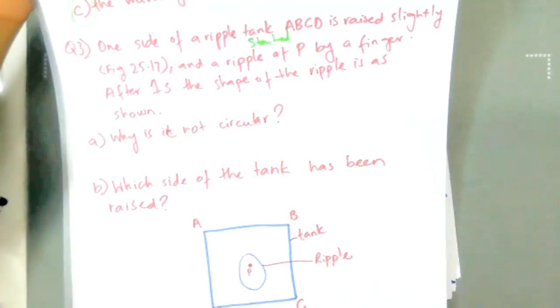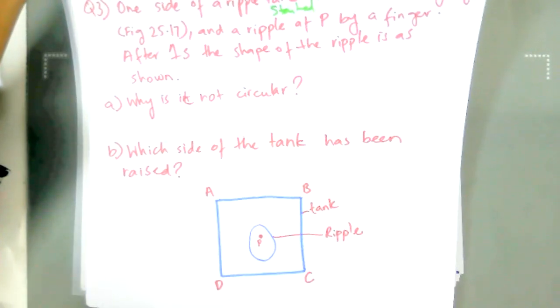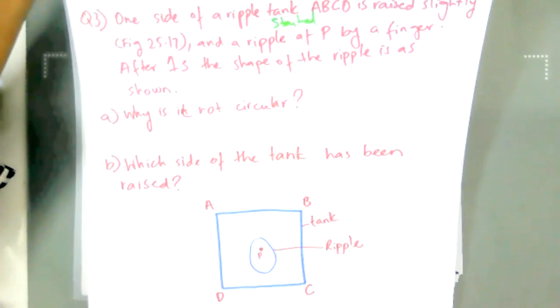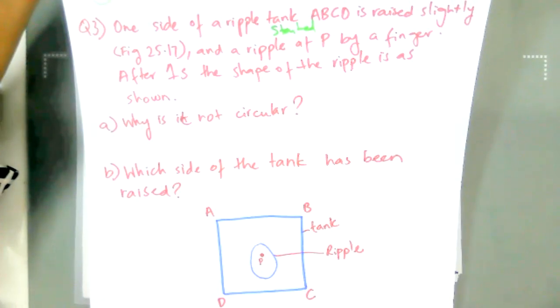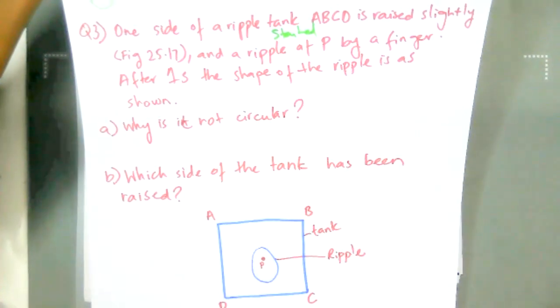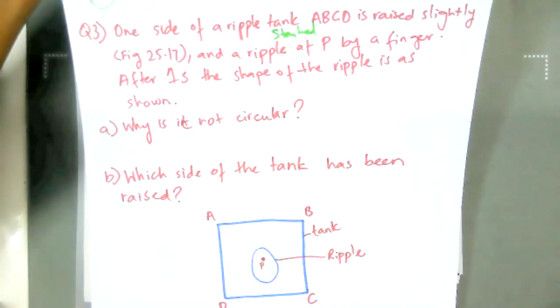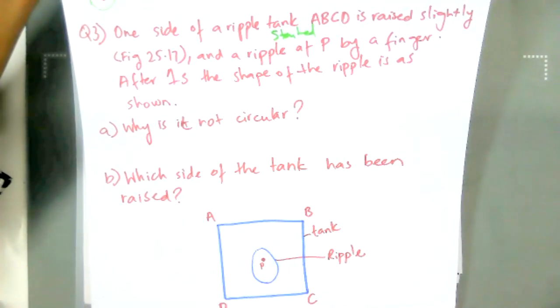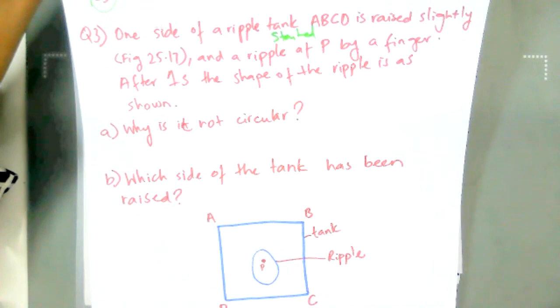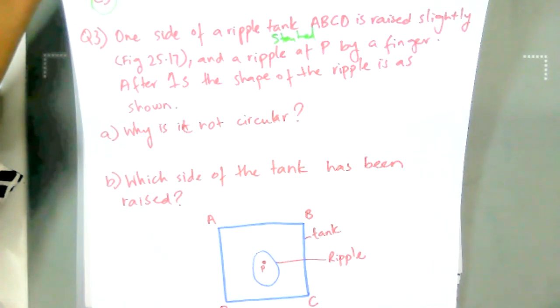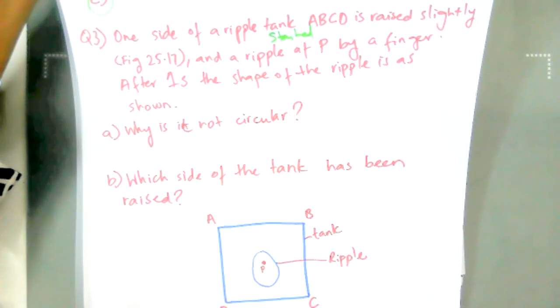The raised side of the dish will have less water because the water will flow towards the lower side which is still on the ground. So the side which is still lying on the ground will have deeper water as compared to the side that I picked up, which will have shallow water.